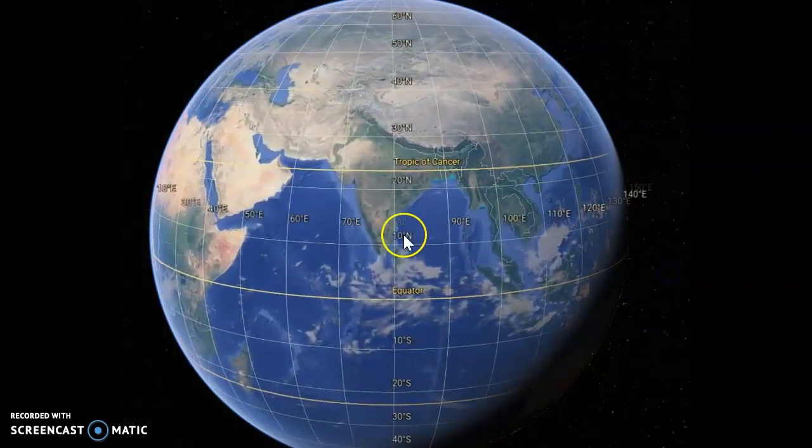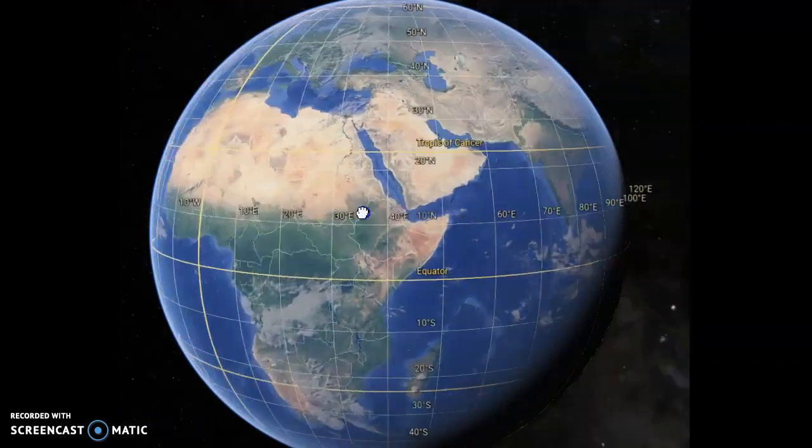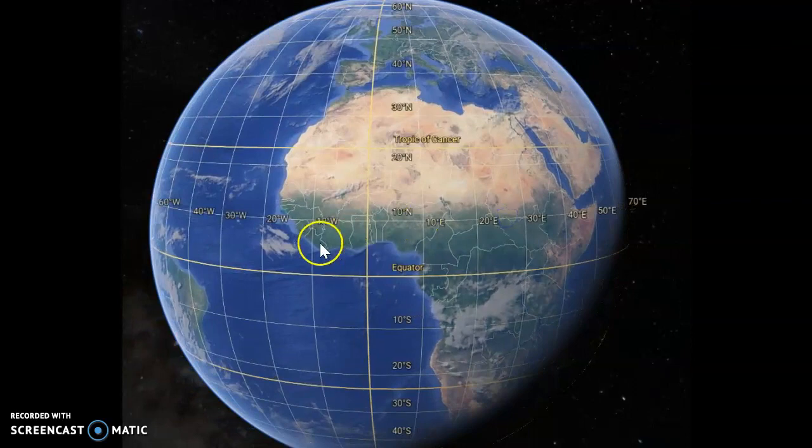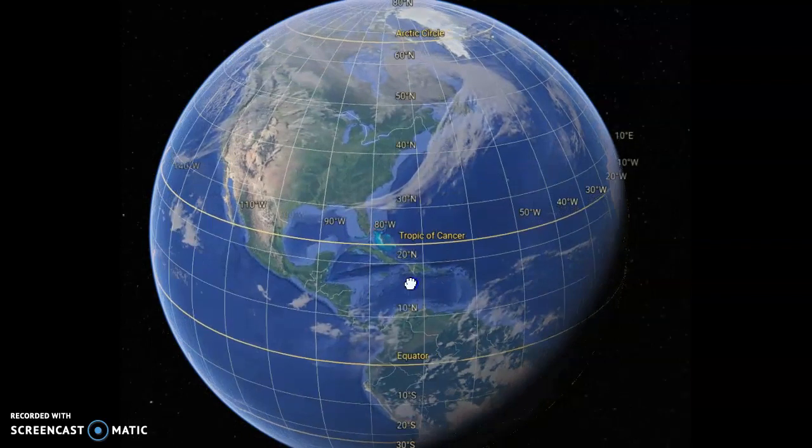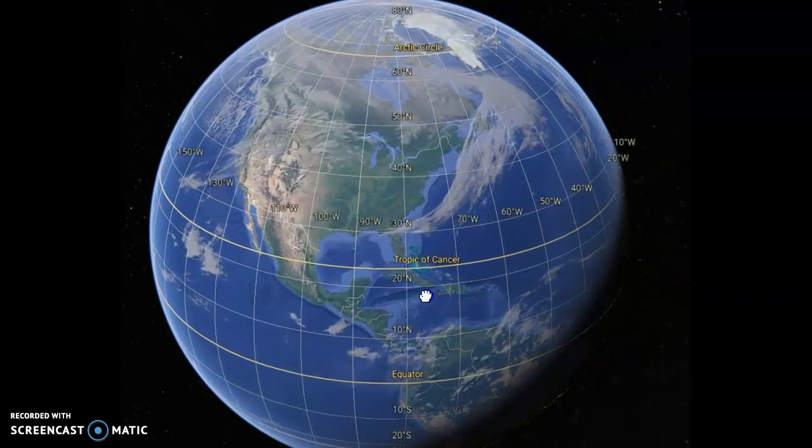Bear in mind that cold fronts are associated with seasonal changes. Primarily, in the months of December and January, it is winter in the northern hemisphere. I'm going to use the northern hemisphere as an example.